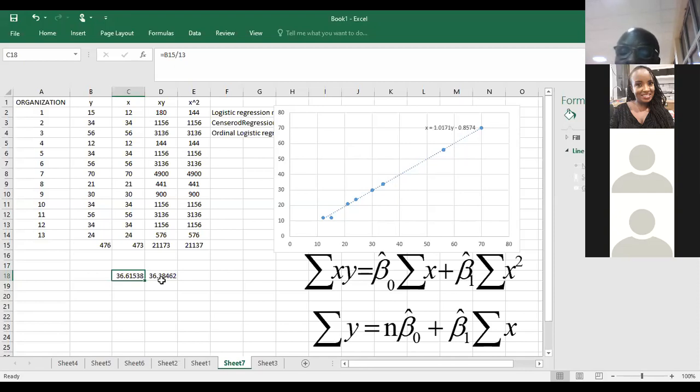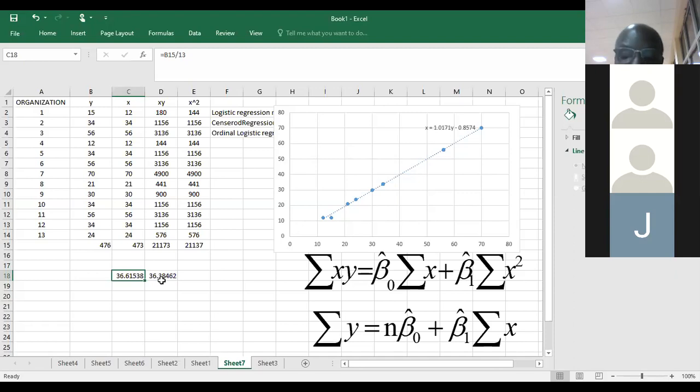211.73 equals 473 bracket 36.6 minus 36.4 beta 1 cap bracket.